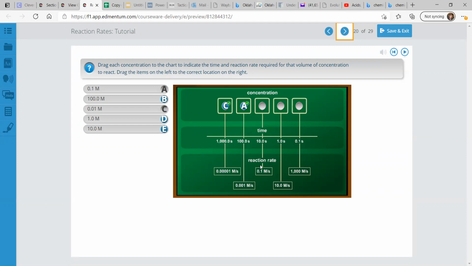So 0.1 times 10 is 1, and then 1,000 times 0.1 leaves us with 100. So all you're doing is multiplying the reaction rate times time. That will give you the concentration. And to double check, the concentration divided by time should equal the reaction rate.